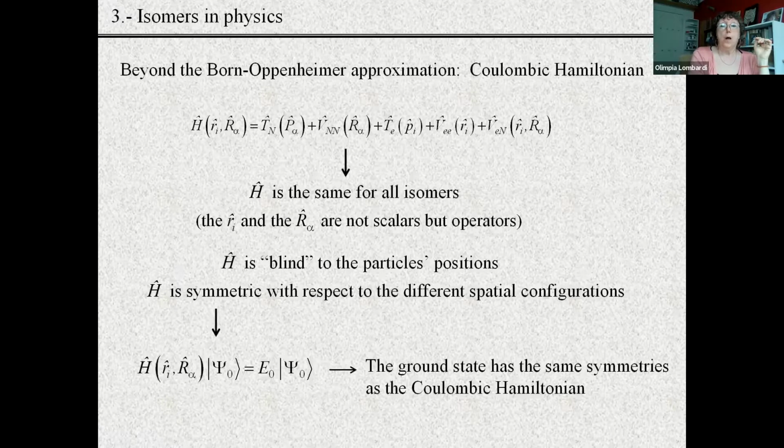So, if the Hamiltonian has symmetry, mathematically we know that the eigenstates of that Hamiltonian must have the same symmetry. This means that the ground state of the molecule, from the quantum viewpoint, has the same symmetries as the Coulombic Hamiltonian. Yeah?